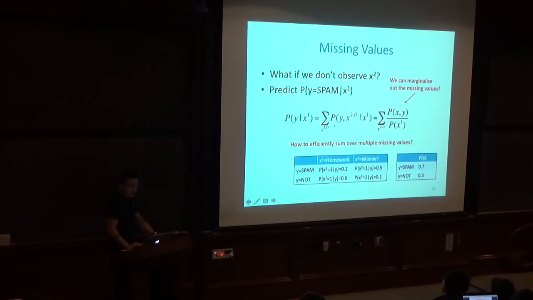By the law of total probability, this probability p of y given x1 is equal to summing over all the missing x's, p of y comma the missing x's given x1. This is the law of total probability, and now we invoke the law of conditional probability to have something that looks like this. Everything up to here is just standard manipulations using laws of probability.